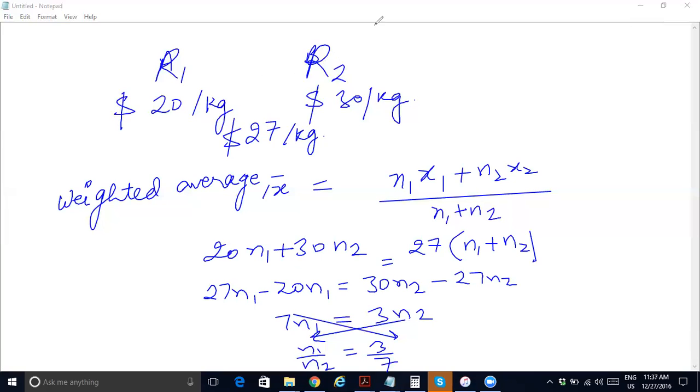But we can use alligation only when we are given two quantities. If there are three quantities, then we cannot use it.